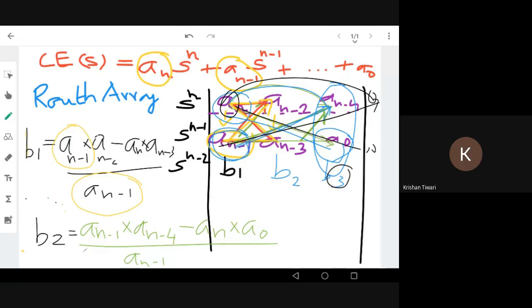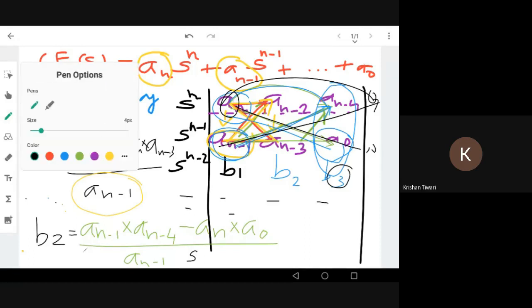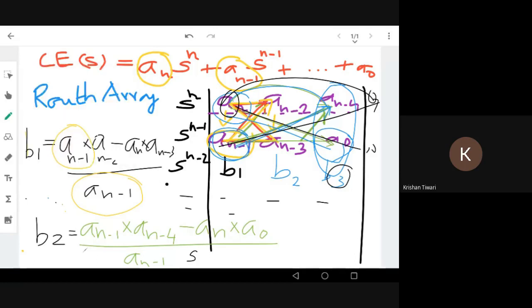And again we complete all these rows till we reach s raised to 0 of the Routh array. Now what will we write in s to the power 0? That is the value a0, the last element in this row. We fill all these elements in the Routh array following this principle, right?